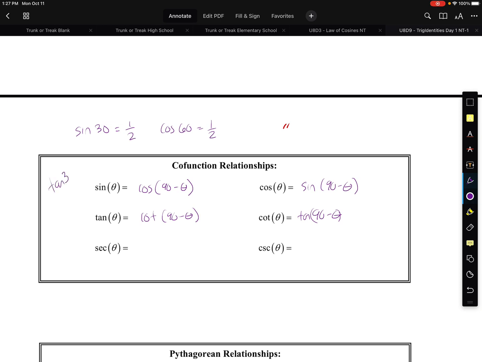And again, tan 30 is the exact same thing as cotan of 60. Tan 30 we're looking at rad 3 over 3. Well, cotan 60 is also rad 3 over 3. Again, not a major thing, so I'm not fully focusing on this right now, but I want to fill in the boxes to make sure we have them all.